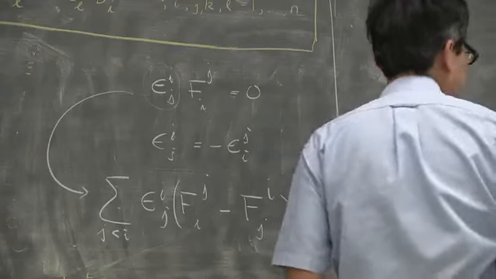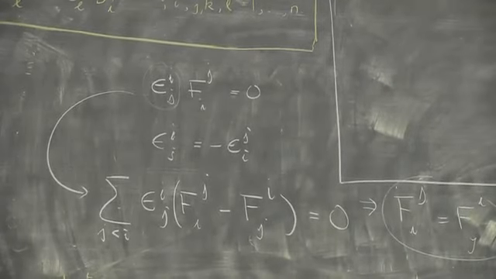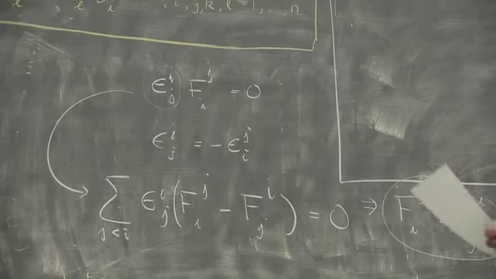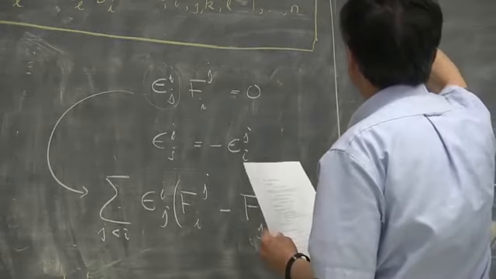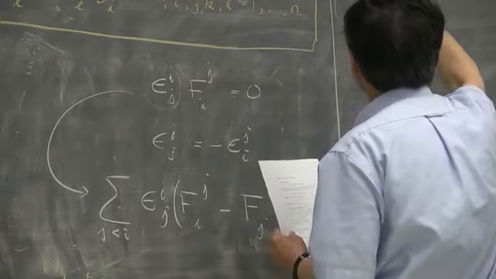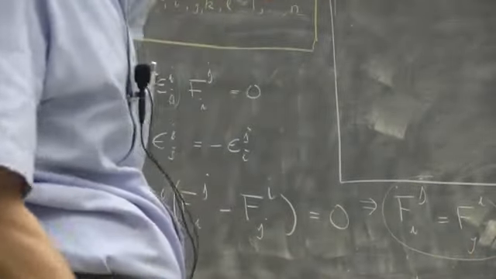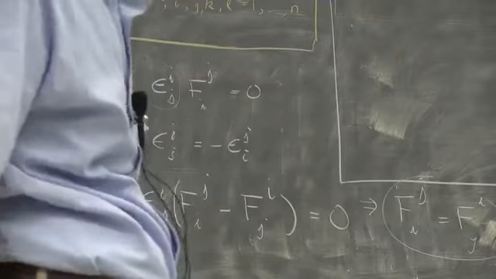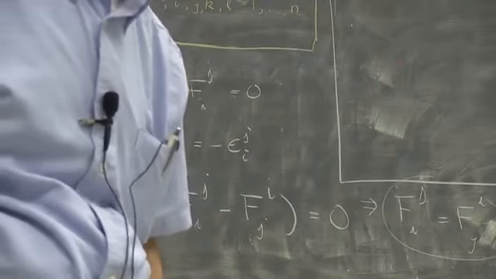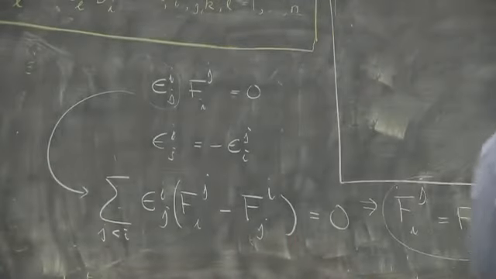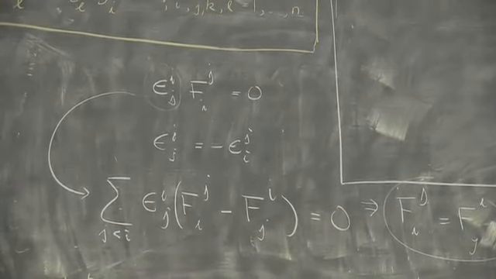Because of this, the symmetry condition and the antisymmetry condition force us to conclude that for any value of i and j, including the case that i is equal to j, fij must be equal to 0. And what is fij? fij is defined by this expression in here.